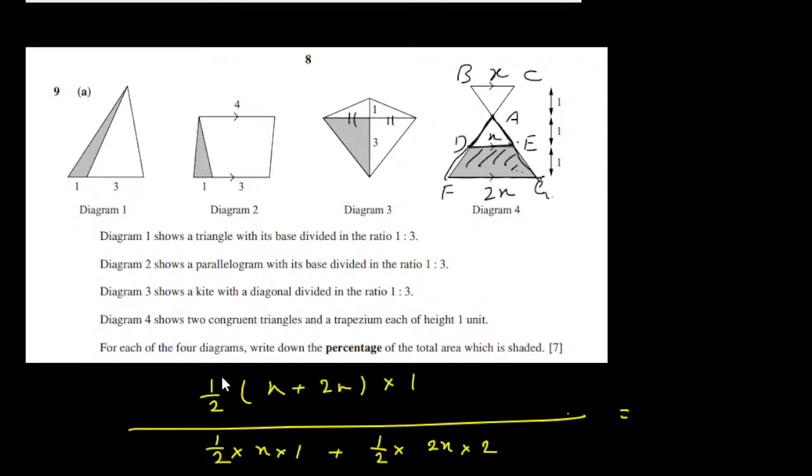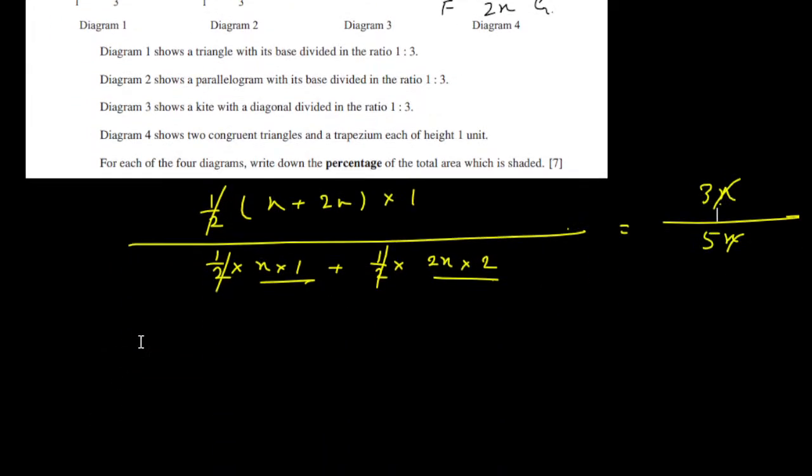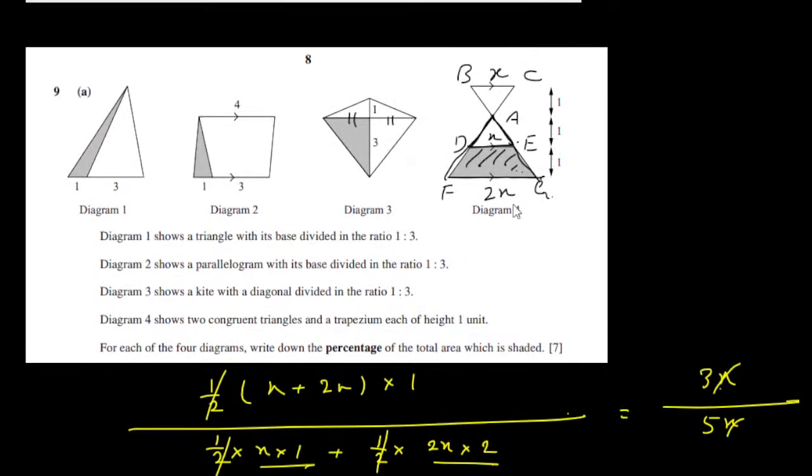So 1 by 2 will cancel out, and x also we can cancel. Here the numerator is 3x, and the denominator is x plus 4x, so 5x. So x will cancel. So 3 divided by 5 times 100 is 60%. So 60% is this shaded area.